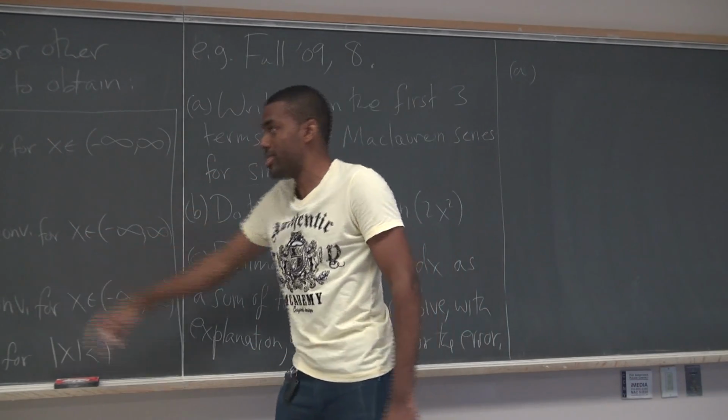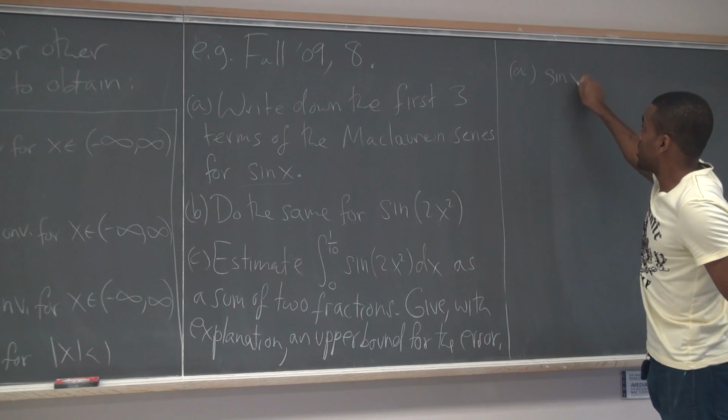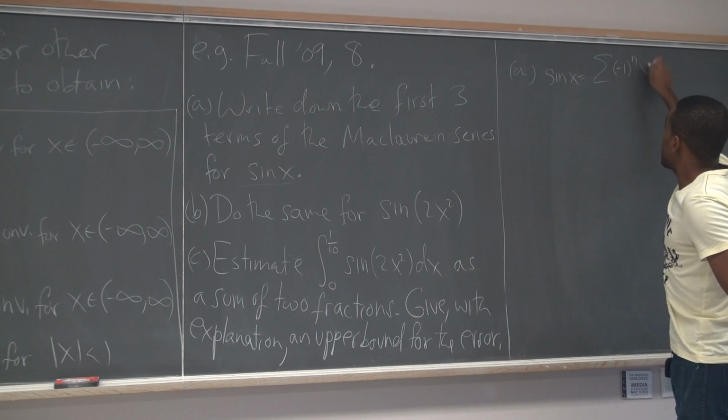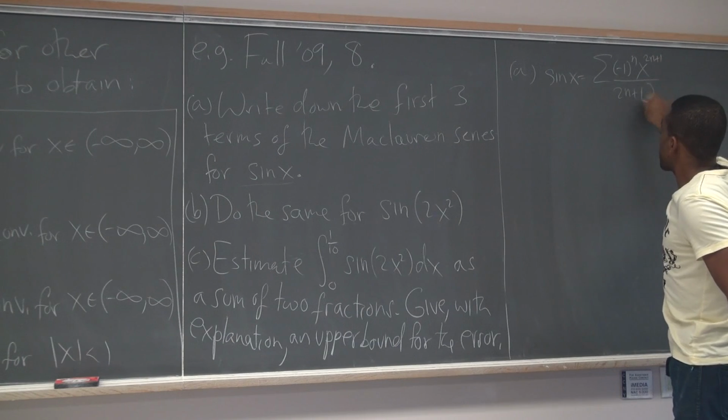By the time you hit the final, you should know that. So I know that sine x is equal to the summation of minus 1 to the n times x to the 2n plus 1 over 2n plus 1 factorial.